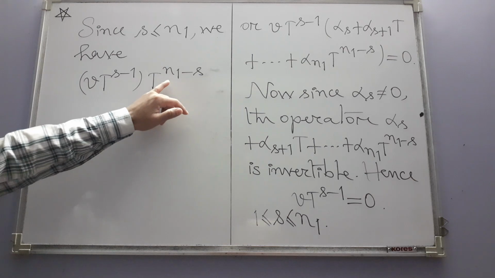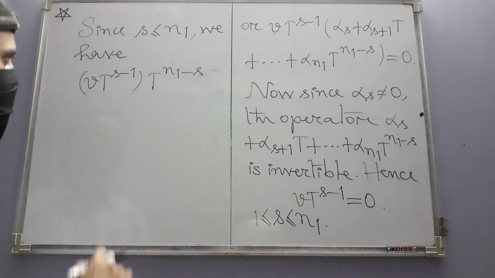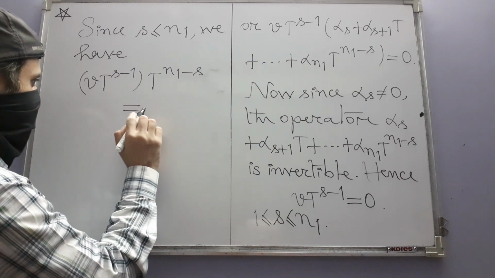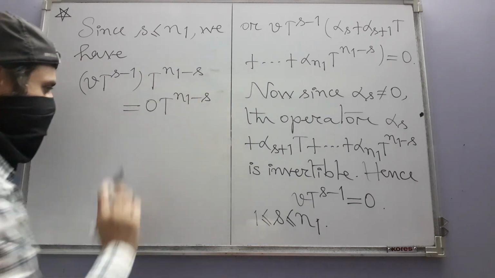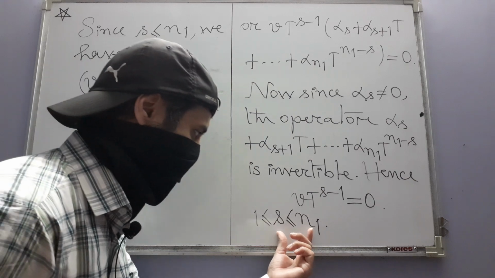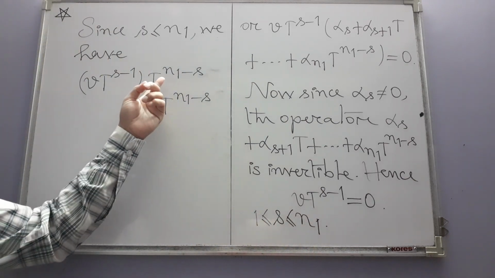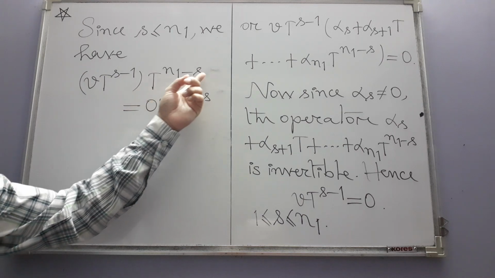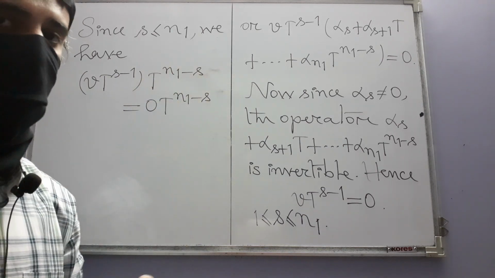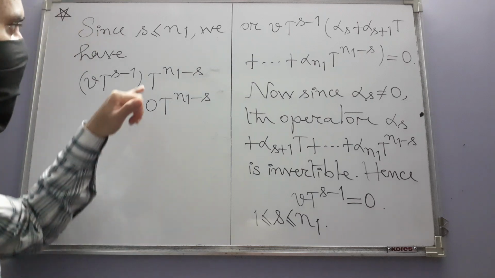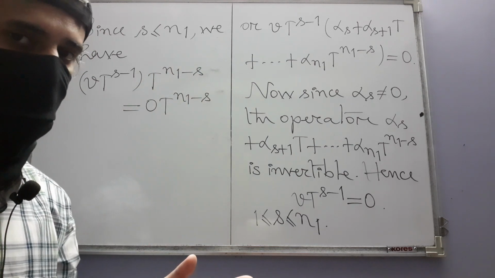We can apply this operator on both sides of this equation. Where is this inequality playing a role? It's playing a role in the fact that we are having a non-negative exponent here, a non-negative integer, and that is why this power makes sense.